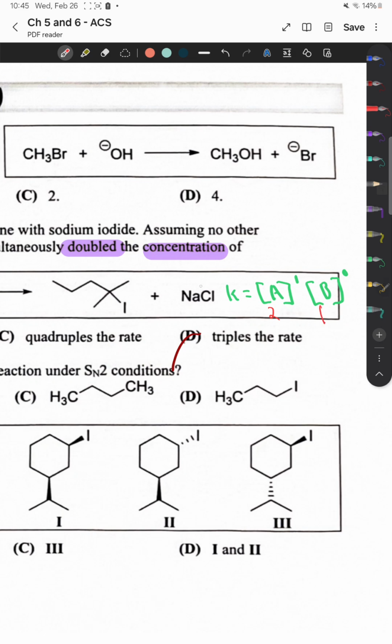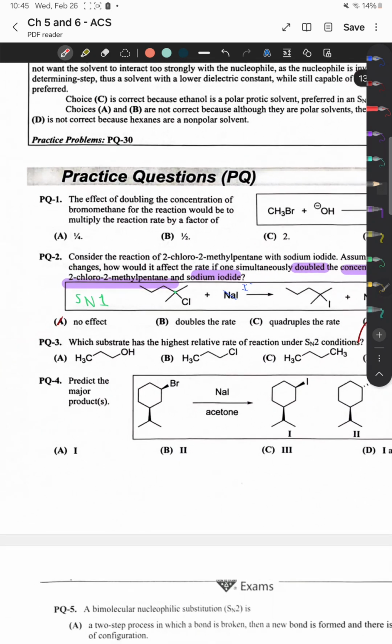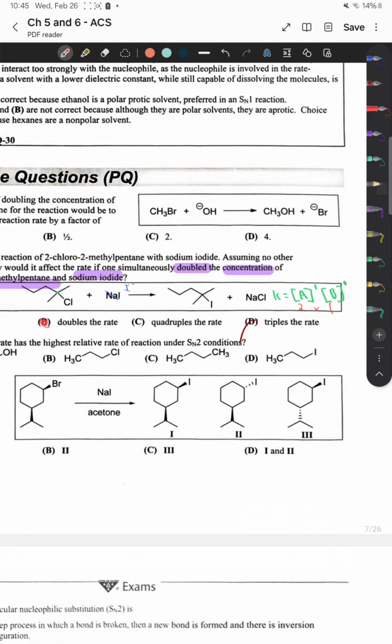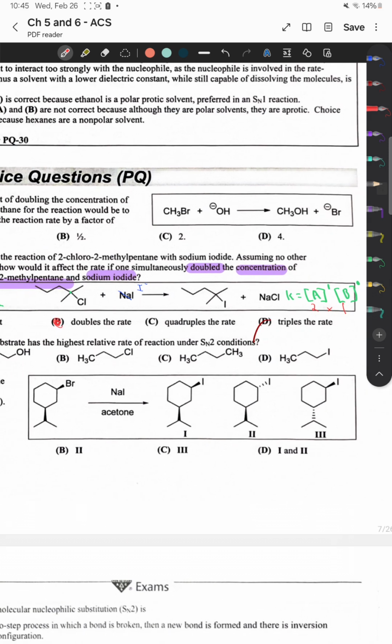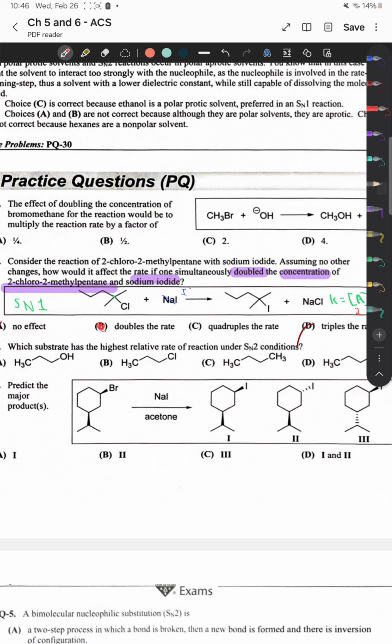So the way the rate order works is you multiply the concentrations, which in this case gives 2. That's why B is the answer. The rate doubles. It can't be A because the rate was increased, and it can't be C or D because it was increased by 2, not by 4 or 3.